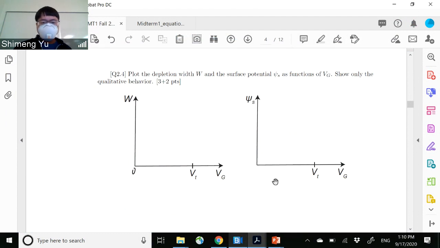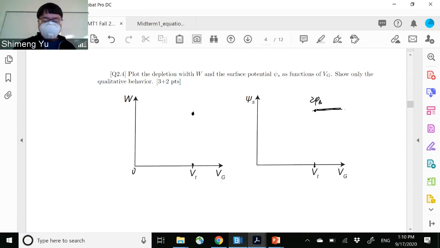So first of all, we have that conclusion. If you recall one of the true or false questions, we said above the Vt, the phi s almost no change. It's almost pinned to 2 phi b. So that means above this Vt, then the phi s is a constant.